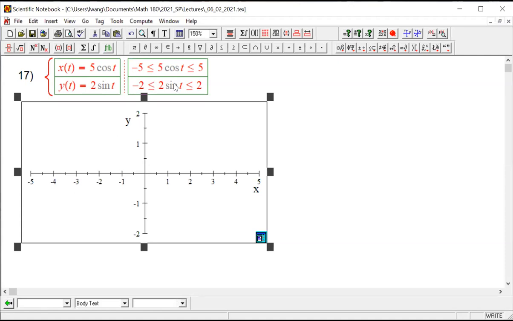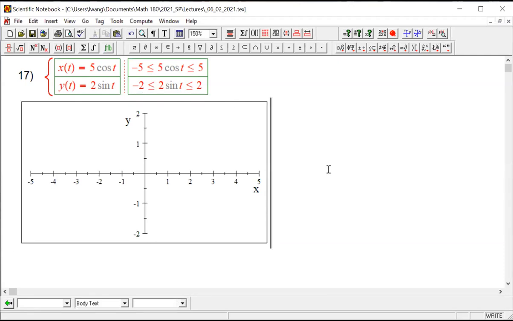Domain is any t, any real number, and the range is between -1 and +1. You expand on that, and your picture is going to be within this frame: horizontally between -5 and +5, vertically between -2 and +2. We'll not go beyond that. You see how much it helps us to analyze.